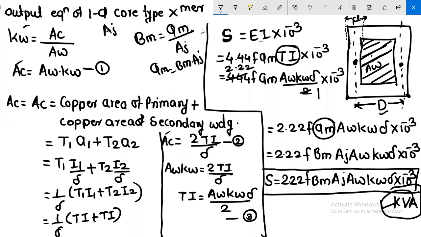We can find out the copper area by taking the reference of primary and secondary windings.